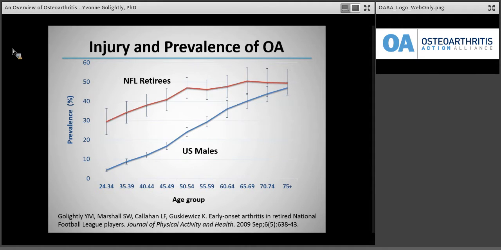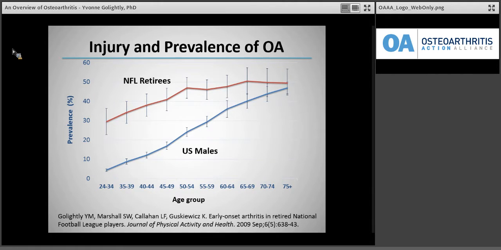So injury is an important risk factor for osteoarthritis, and we conducted a study looking at data collected in 2001 from over 2,500 retired National Football League players, and compared their data to those of the general U.S. male population.